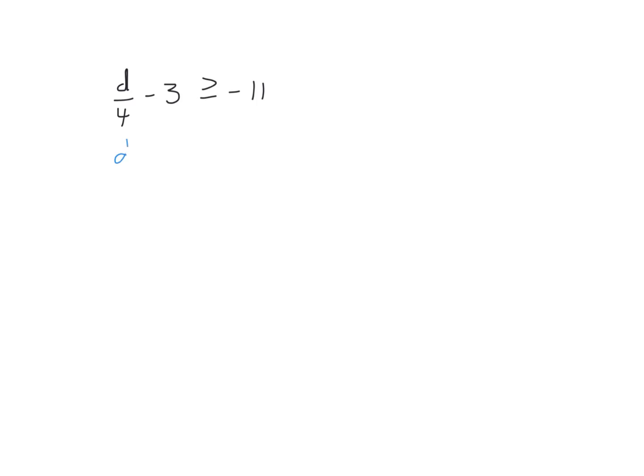Alrighty, well I'm going to leave d over 4 on the side, and then I'm going to move my minus 3 over to the other side. So it'll be minus 11, add 3. Alrighty, so I'll have d over 4 is greater than or equal to, what's this value over here? This is going to be negative 8.